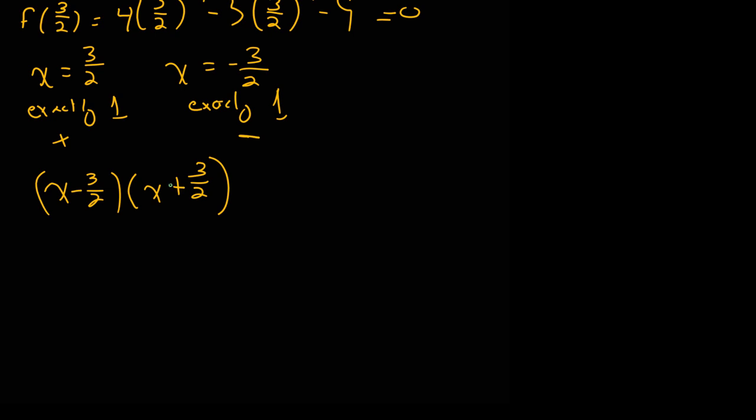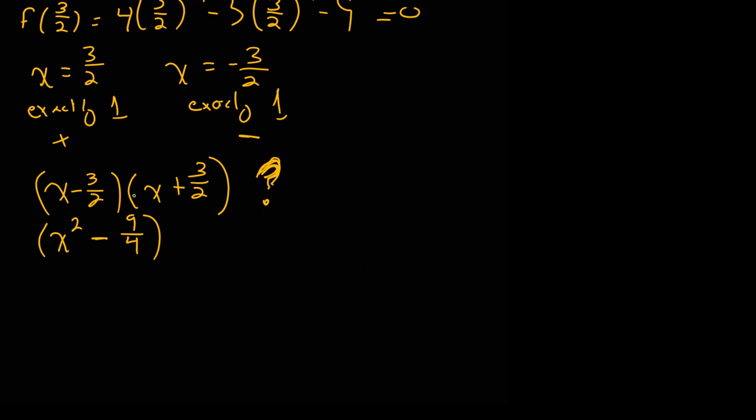So I'm going to multiply these together. x squared minus 3 halves plus 3 halves, the middle term cancels, and I get minus 9/4. That is what these two roots did. So I need to find the other factor.